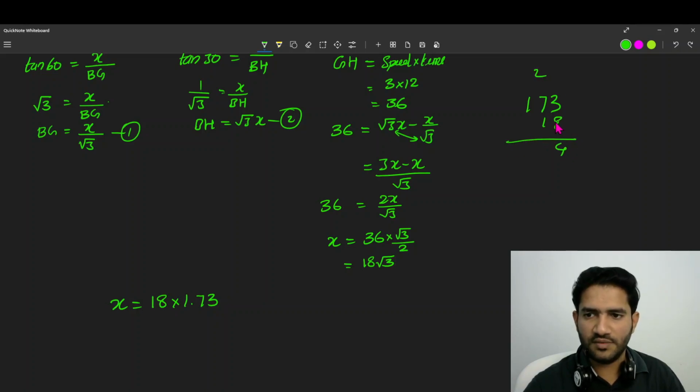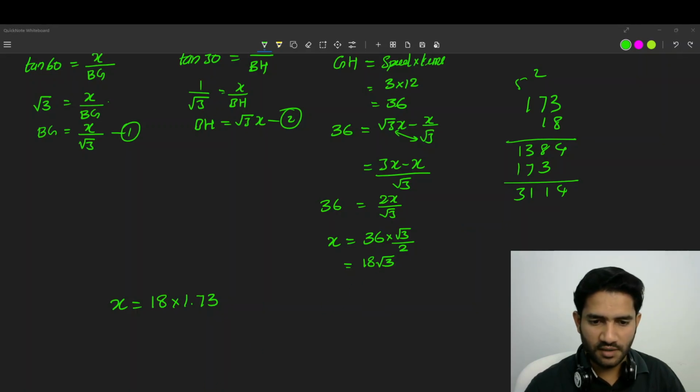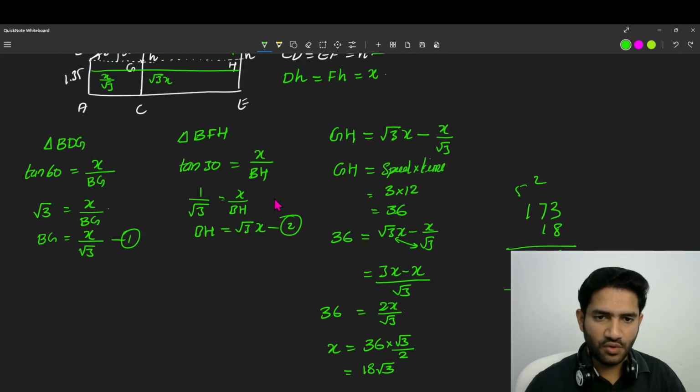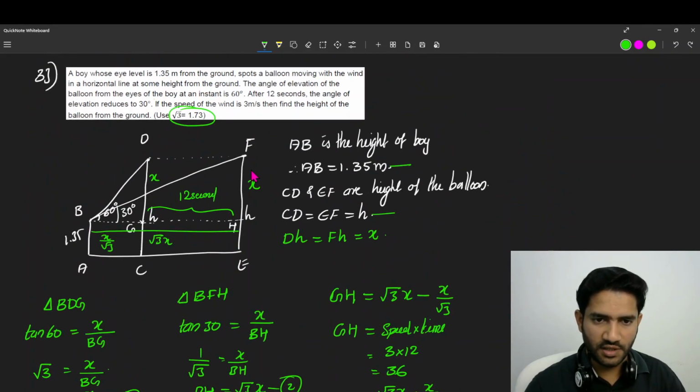That gives 31.14, so this is not the final answer yet. The value of x is 31.14 meter.